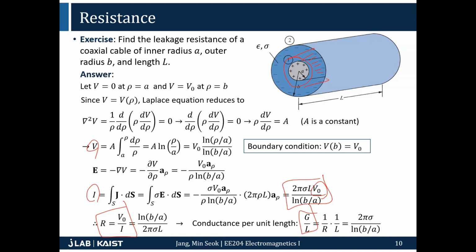Once you know that, problem solved. The only steps left are just taking integrations. And same here. In order to obtain the resistance, you also need to get the electric field distribution. And for the stationary current, because the Laplace equation holds, the way you get the solution is basically the same.